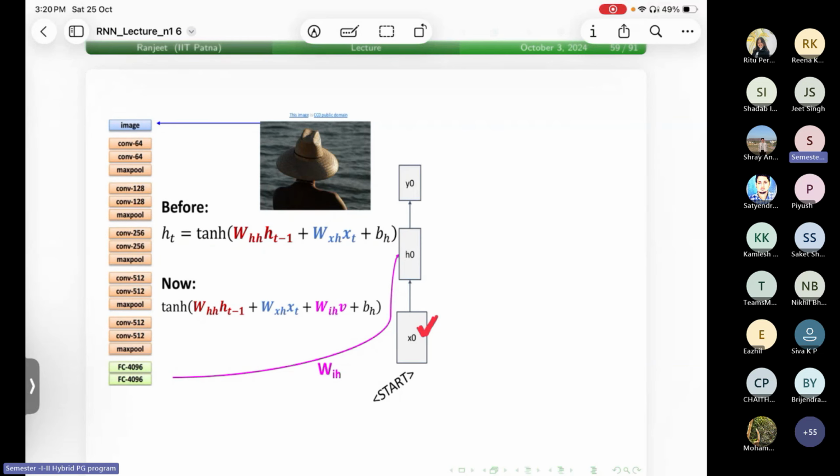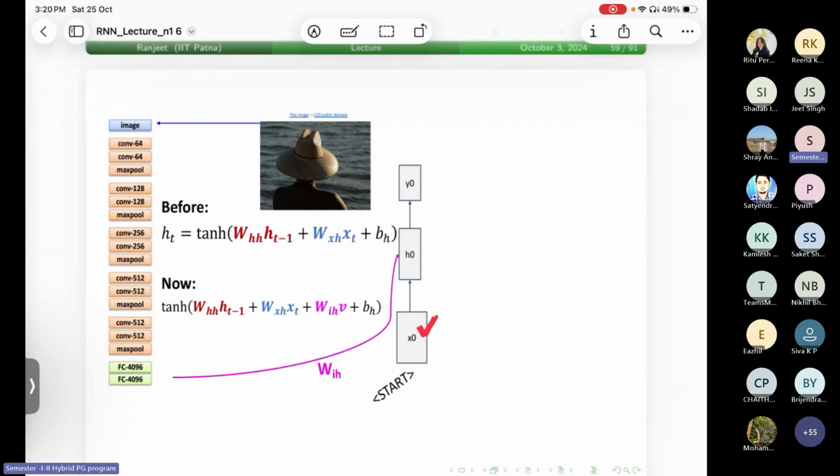Once your end word comes, you have to stop, and whatever you got is the description. So you can see "man in straw hat". This is what we have got for this image.